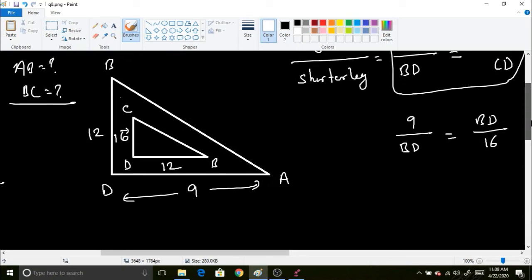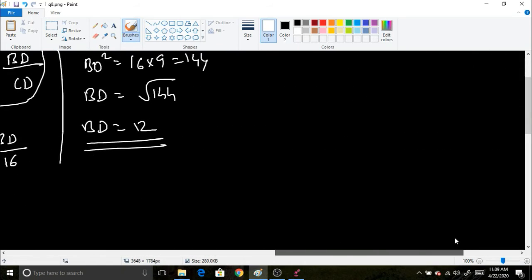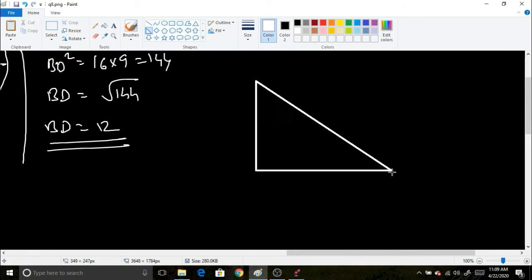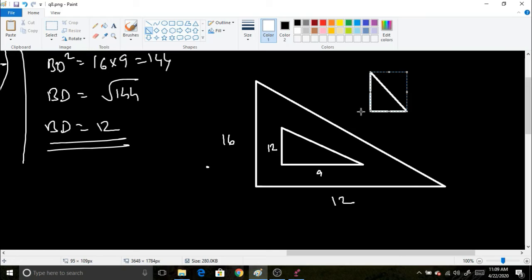let's take a closer look at these triangles. We have two triangles: this one is 9, this one is 12, this one is 12, this one is 16. And I'm going to tell you about one more triangle, which has side lengths of 3, 4 and 5.